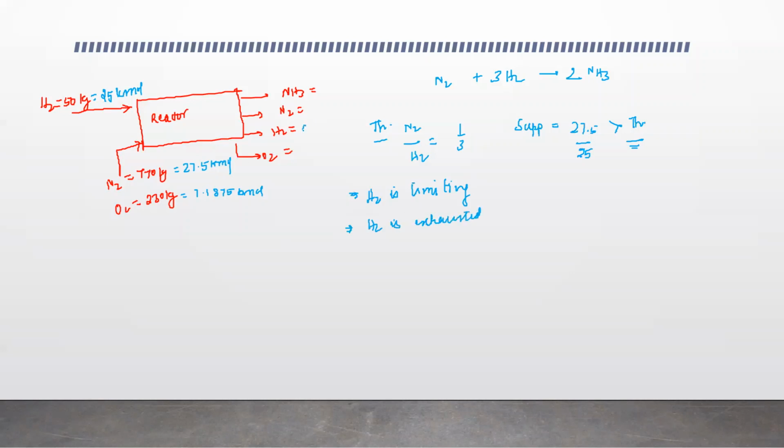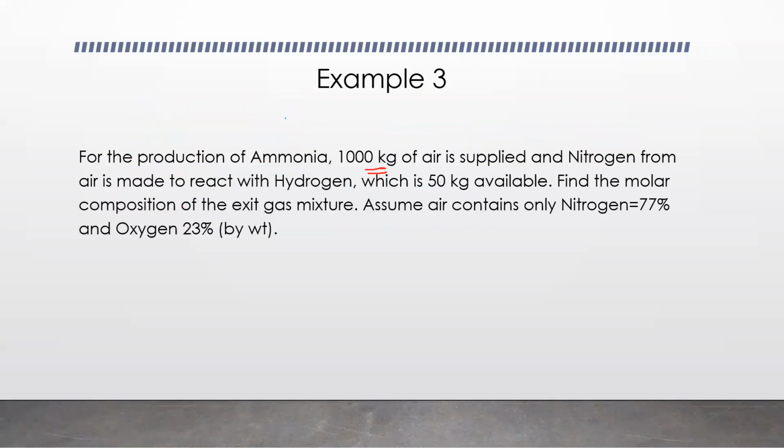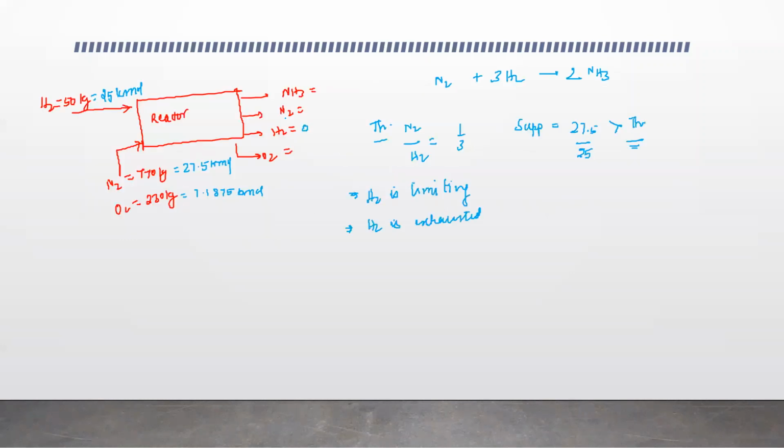Since hydrogen is exhausted, hydrogen would be 0 kilomoles.